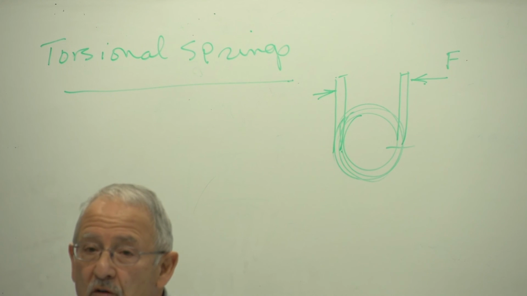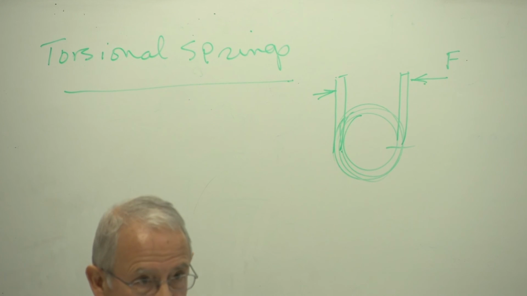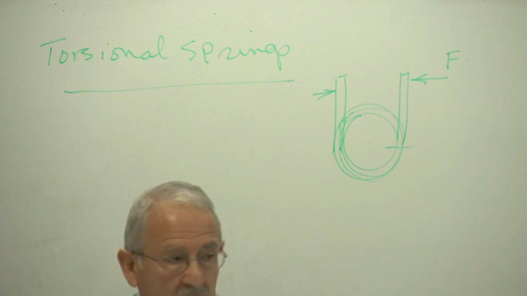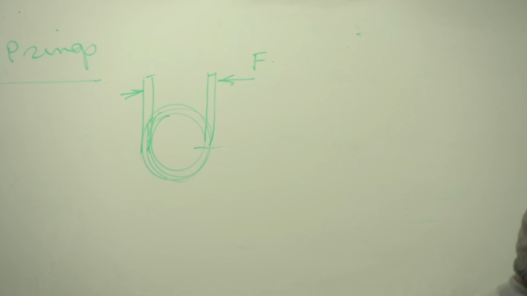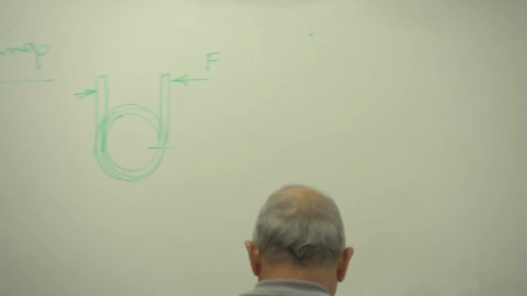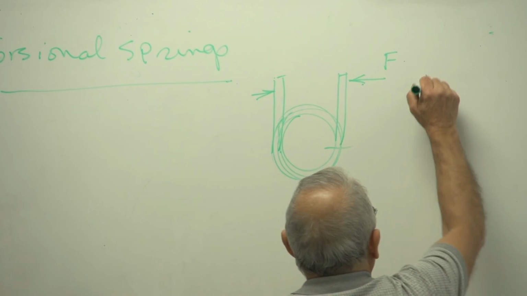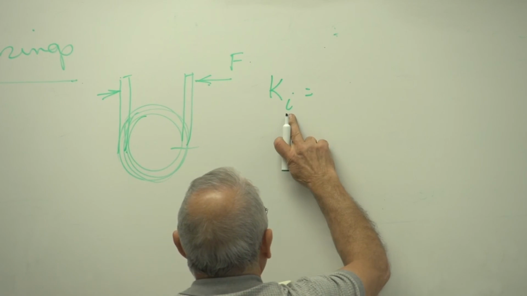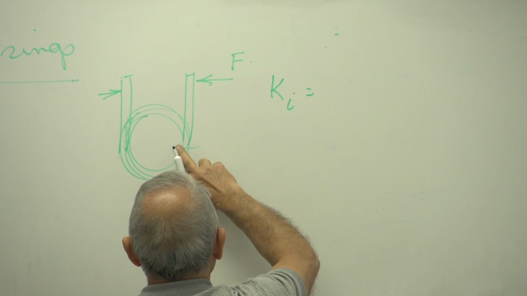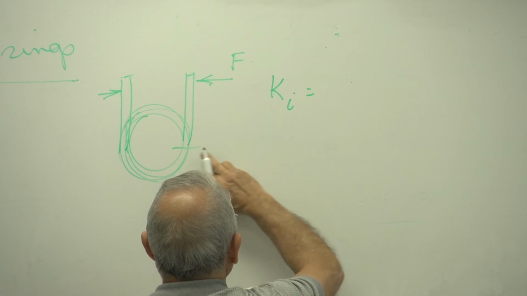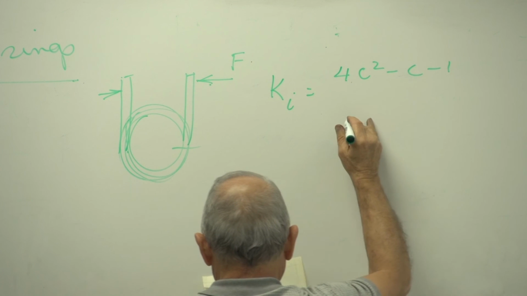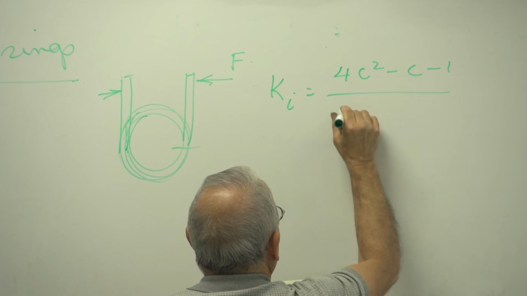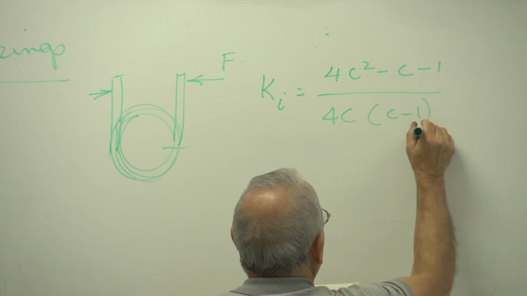As always, there's a curvature of the wire that produces a stress concentration factor. In this case, that stress concentration factor, I guess I've erased the other one, so I'll write this one. Similar to the other one we had before. Ki, this is at the internal surface. That's where stresses increase. They decrease on the external surface. 4c squared minus c minus 1 divided by 4c times c minus 1.